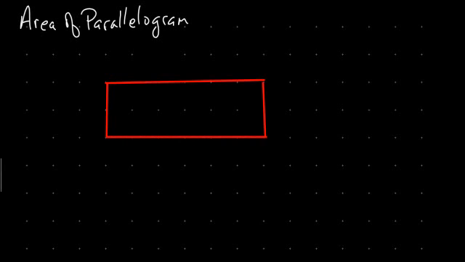So here I've taken the whole thing and shifted it over 1 unit. Now we have connected these figures. I have that figure here in blue, and that is a parallelogram.